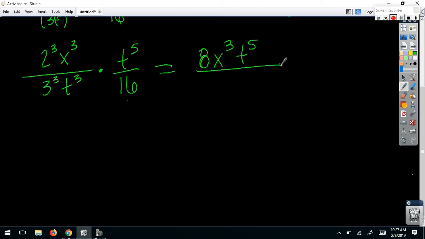On the bottom, what is 3 to the third power? 3 times 3 times 3 is 27. Times 16 on the bottom. What's 27 times 16?